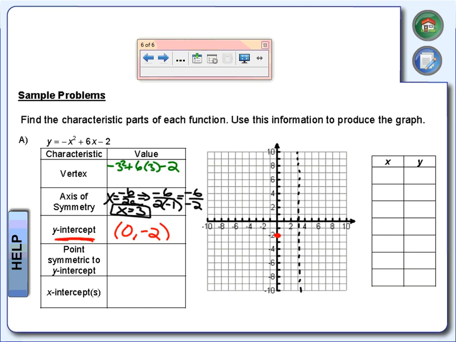I'm going to put that into my calculator and see what I get. What was it? 7, which means I'm going to have the ordered pair 3, 7. 3 because that's the number I plugged in for x, 7 because that's the value I got for y. So 3, 7 is my vertex. Let me put that point right here. There's 3, 7. That's the point where the graph is going to curve.